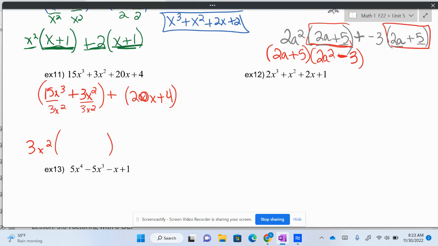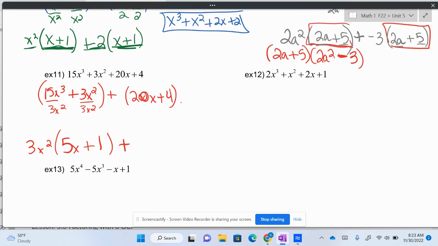So what does that leave me with? 5x plus 1. Yeah, 3x squared divided by 3x squared is 1, right? So I have 3x squared times the quantity 5x plus 1. That's what I'm starting off with, okay?